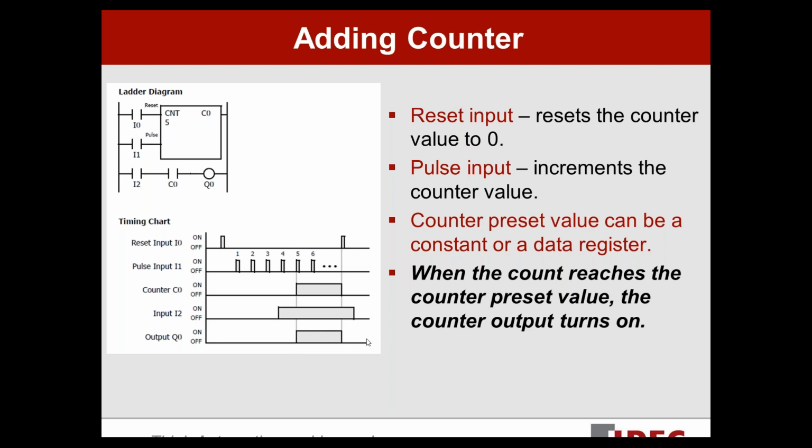Again, as we're going along the x-axis, you can see the next thing that happens is the very top line, input 0, turns on, which resets the counter. So at that point, our counter is no longer true, so that turns off. Our output also turns off at that same time. Okay. And then a little bit later, we turn off input 2. That's an adding counter. Again, you just got 2 inputs to the counter, a reset and a pulse.